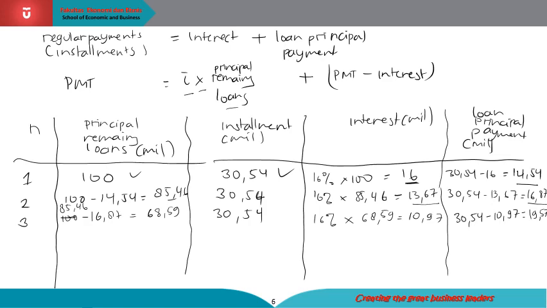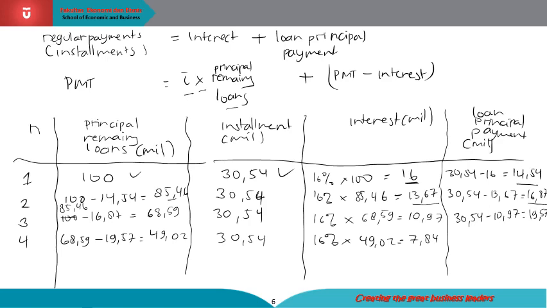Okay, next is 68.59 minus 19.57. That will give you 49.02. Again, this is our installment, and this is the 16% out of 49.02. It is 7.84.